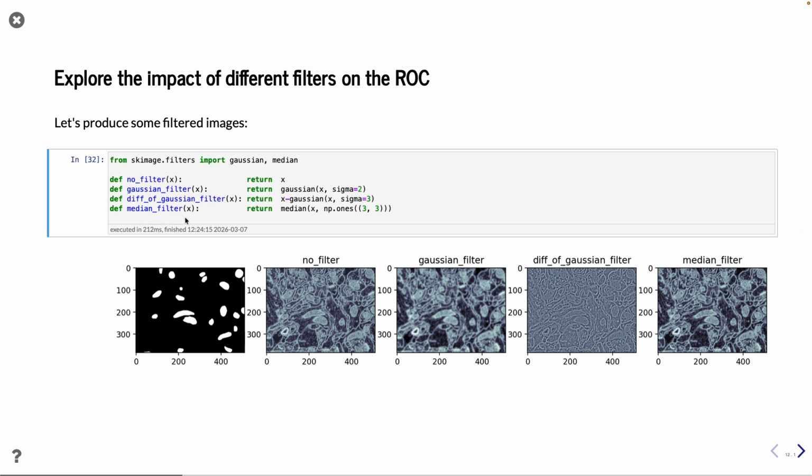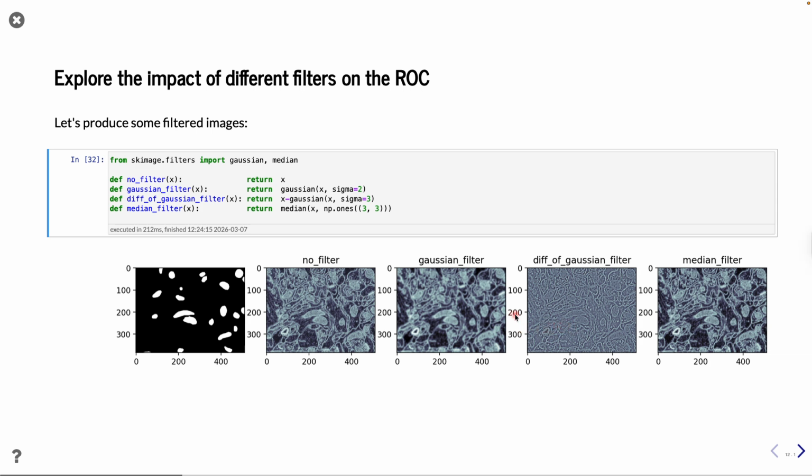And what we can see is that the no filter, well, that's what it is. And then we have the Gaussian filter. You can see the blurring. Important here is to see that you have fewer structures inside the mitochondria, and maybe that these structures here get a little bit smeared out, with lower intensity.